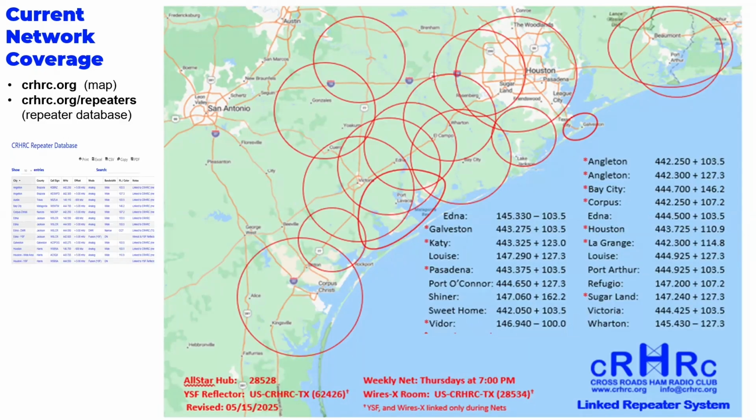We've added new repeaters, and we were able to create what we call the 59 corridor. So we have basically pretty much seamless coverage now from the Louisiana state line all the way down to Corpus Christi, down to Kingsville. And that's a combination of Crossroads repeaters and member-owned and other club repeaters that have joined the network. Does that help explain it, okay?